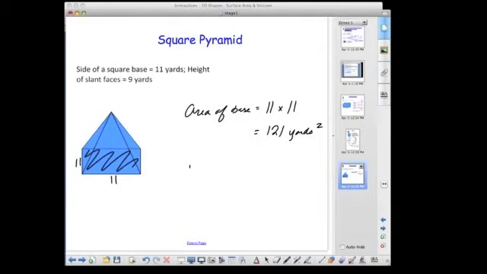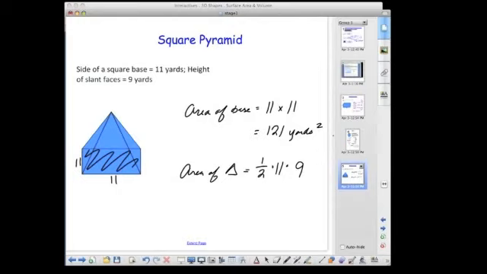The area of a triangle will be 1/2 times the base, which is 11, times the height, which is 9, given to me as 9. So I can do one of two things.